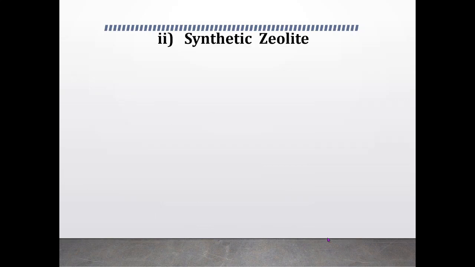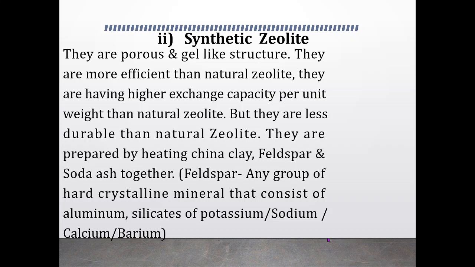Now what do you mean by synthetic zeolite? This synthetic zeolite has a porous and gel-like structure. They are more efficient than the natural zeolite. They have higher exchange capacity per unit weight than the natural zeolite, but they are less durable.